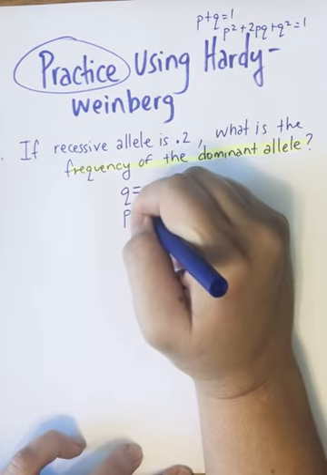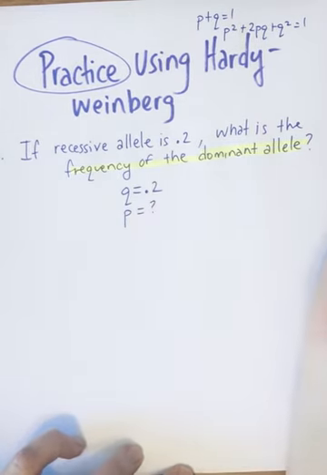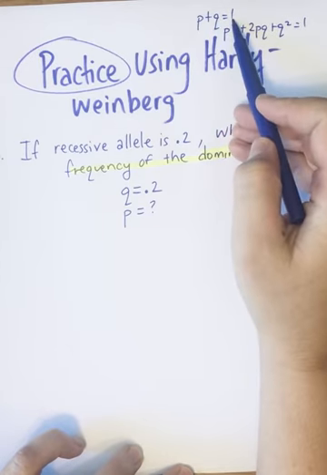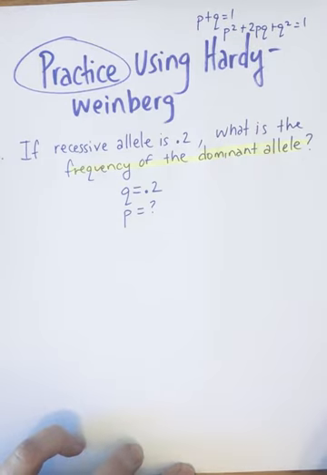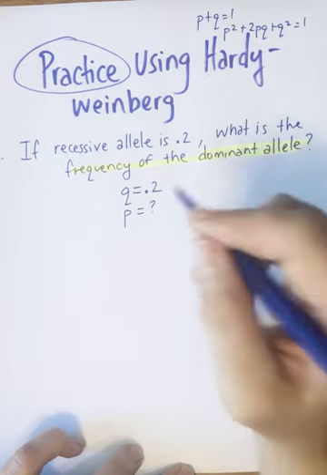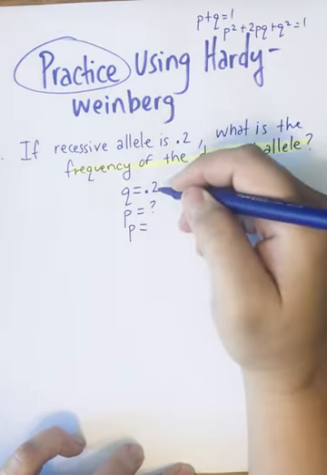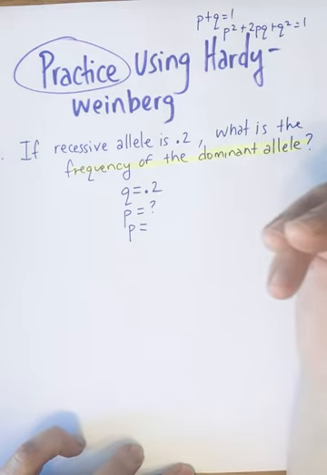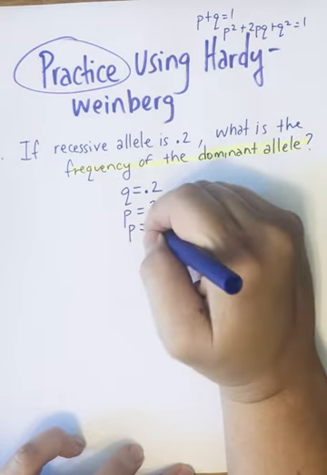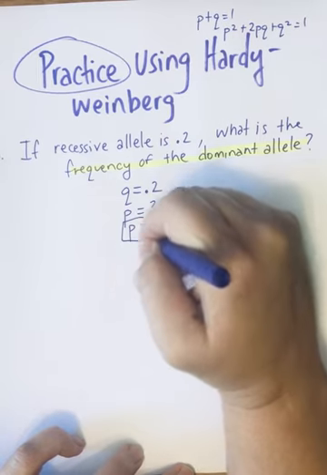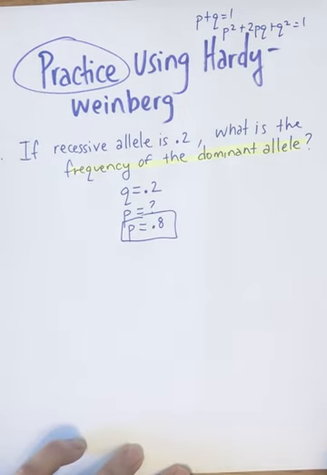So P is equal to question mark. You look at your equations: P plus Q is equal to 1. Since it's always equal to 1, P plus 0.2 equals 1, which is 0.8. And then you're done with that one. That one's an easy example.